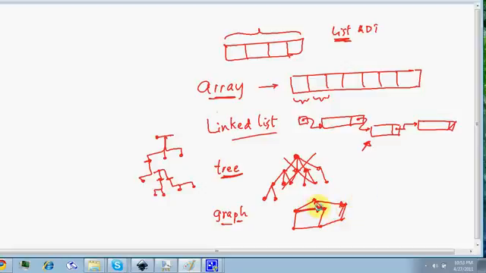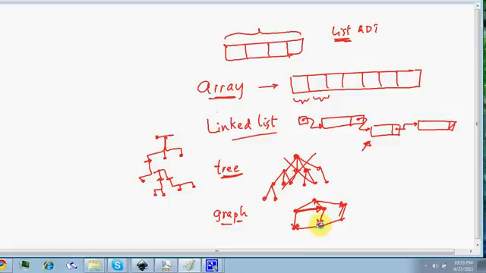And then because of the directions, there is a concept of flow, right? So you go from here to here, and then here to here, and then if you go from here to here, then this is a cycle. So it's a cyclic graph. And if, instead of going from here to here, let's see, if you go from here to here, so you can see there is no cycle here.